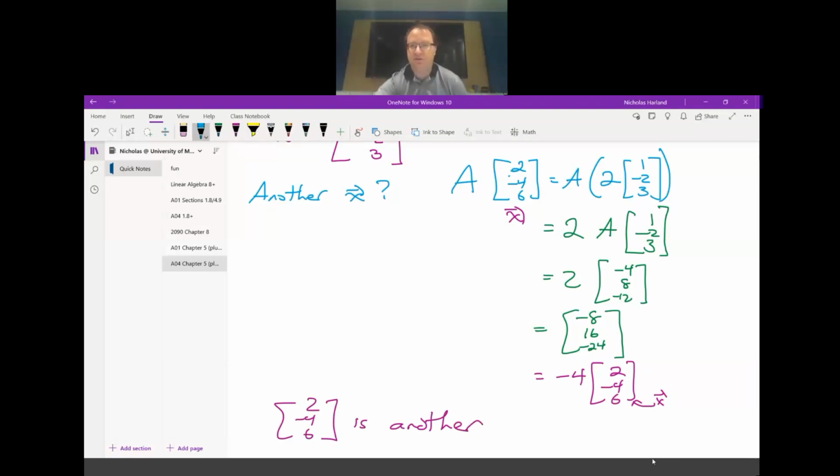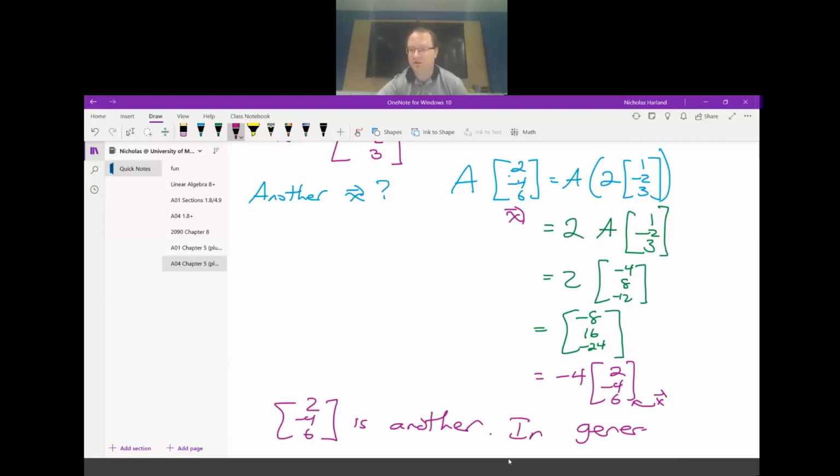Could I have done this with 3 and done (3, -6, 9), and just factored out a 3 instead of factoring out a 2? Or is something super special about the 2? There's nothing special about the 2.